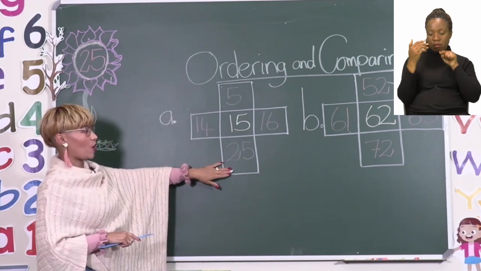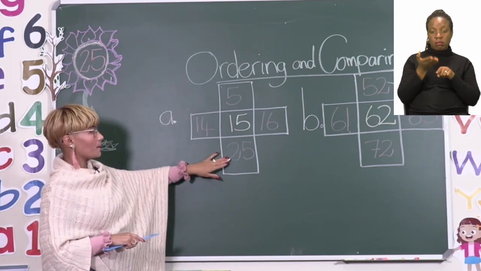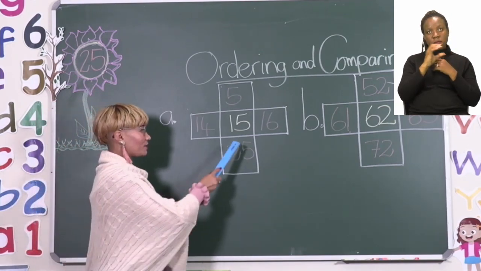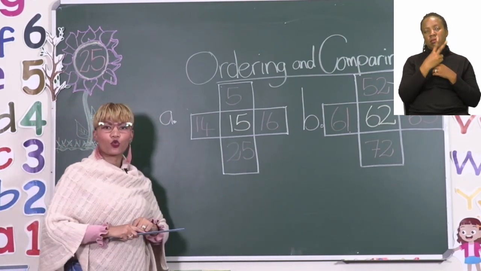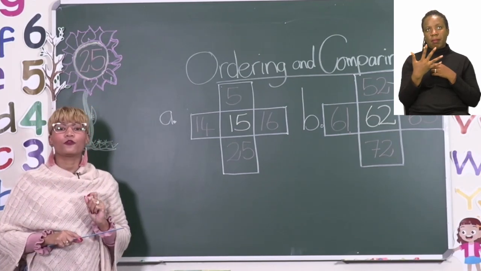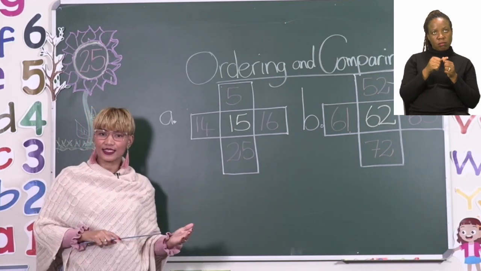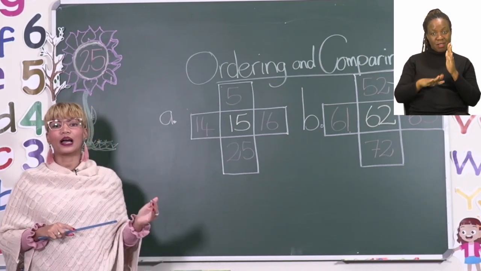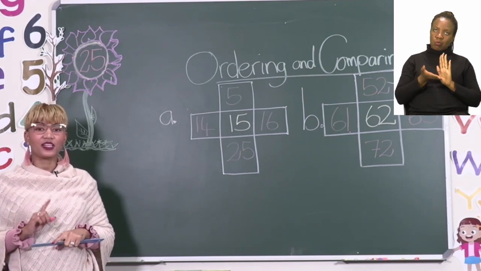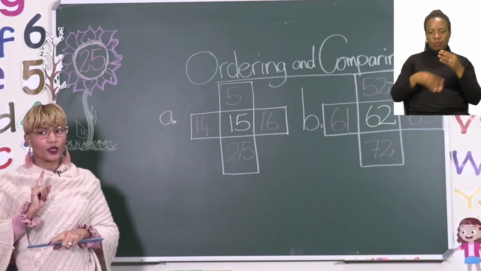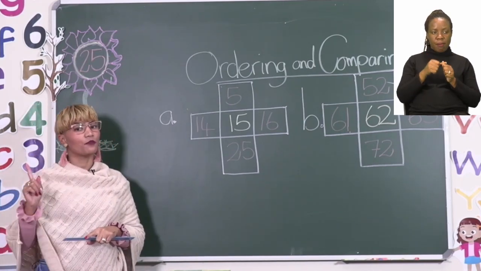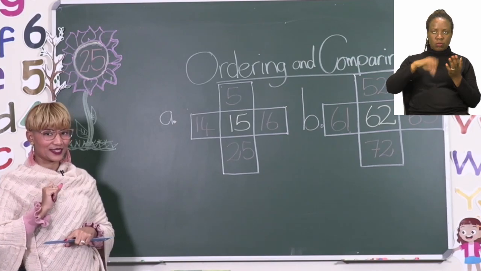The block at the bottom is 10 more than 15. 10 more than 15 is 25. Okay, remember, if we say 10 less, then it means we minus. If we say 10 more, then it means we plus. So always remember, less is minus and more is plus.